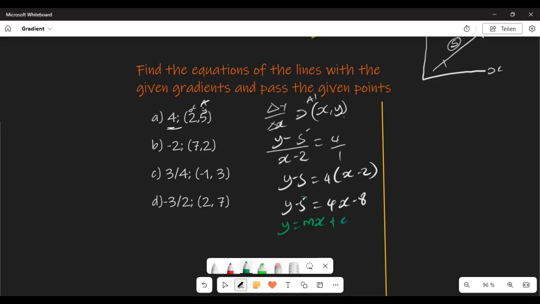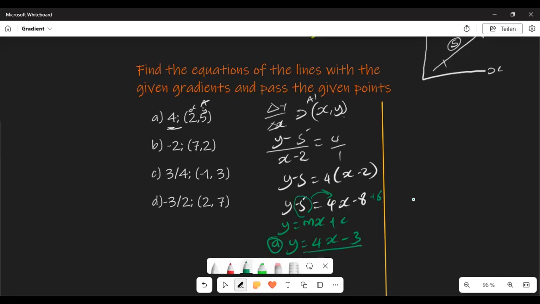That means this minus 5 should go to the other side, after the equal sign, so that we have y equals, because this minus 5 when it comes to this side is going to be plus 5. So that's going to be y equals 4x, minus 8 plus 5 gives you minus 3. So now that's the equation of the line for A.